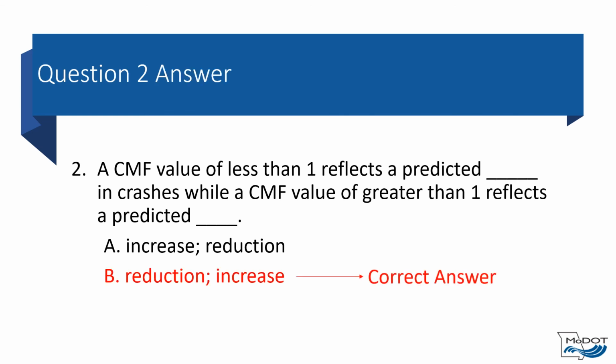The correct answer is B. A CMF value of less than 1 reflects a predicted reduction in crashes, while a CMF value of greater than 1 reflects a predicted increase in crashes.